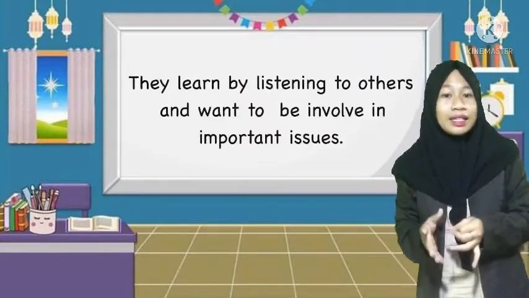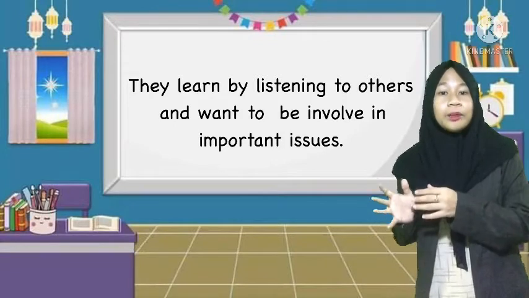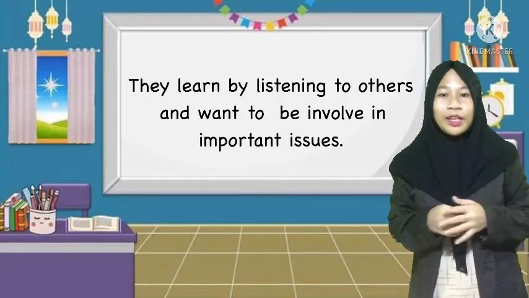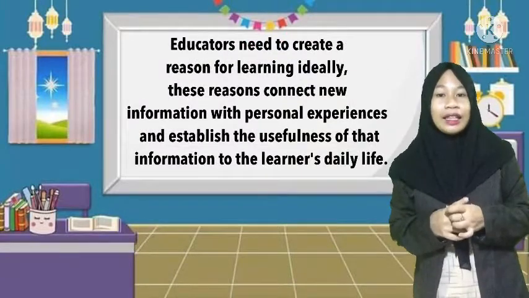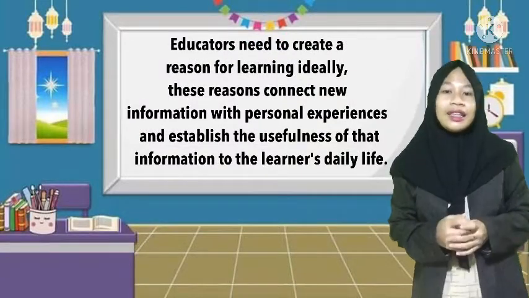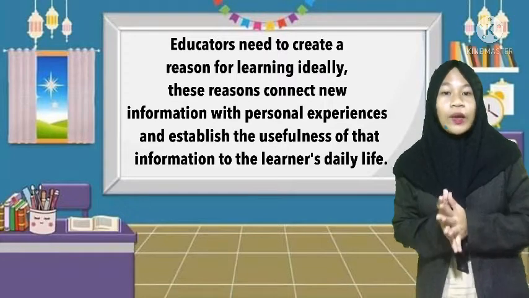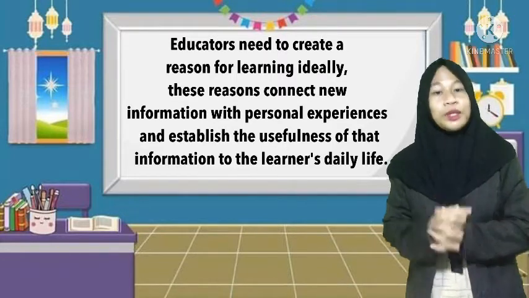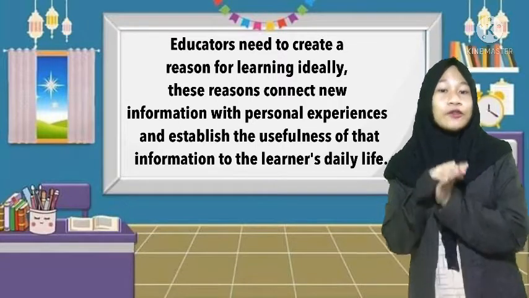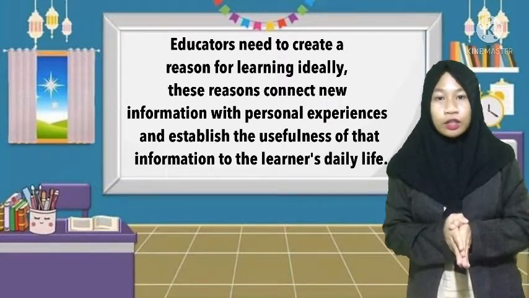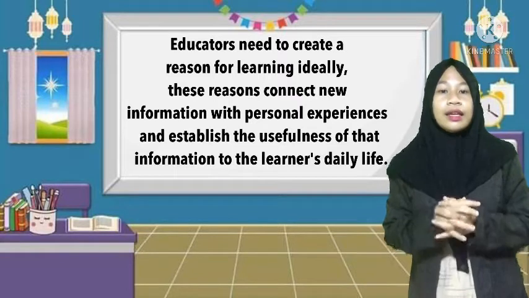They learn by listening to others and want to be involved in important issues. And educators need to create a reason for learning, ideally. This reason connects new information with personal experiences and establishes the usefulness of the information to the learner's daily life.